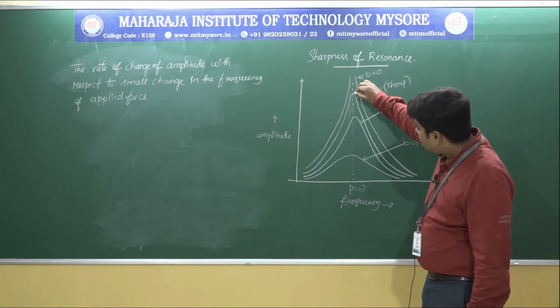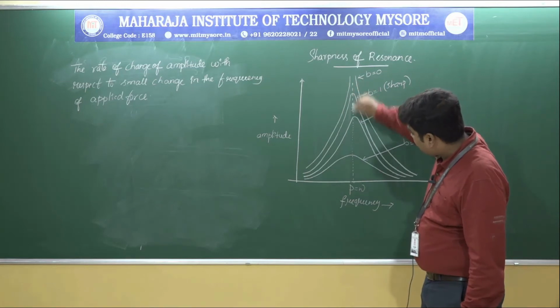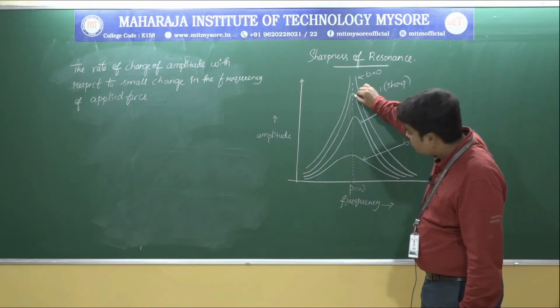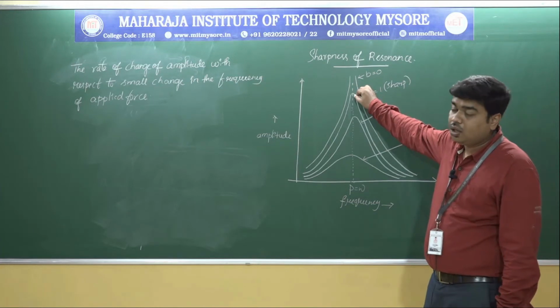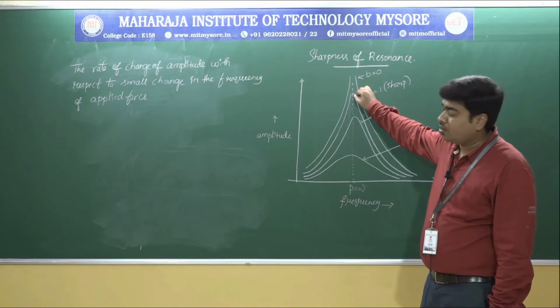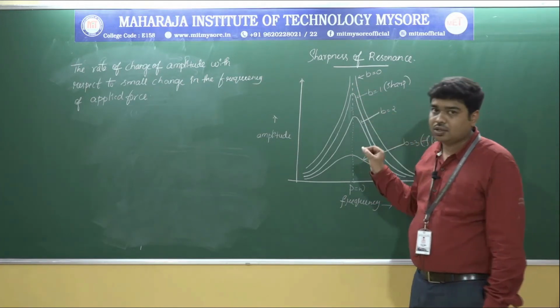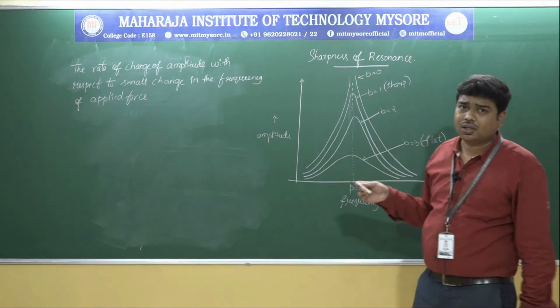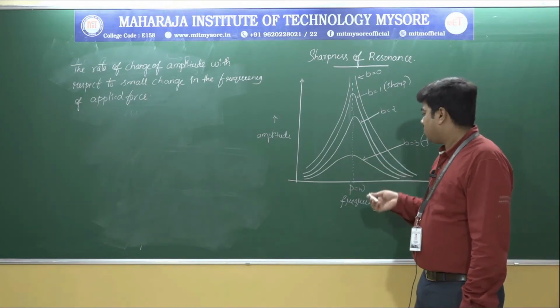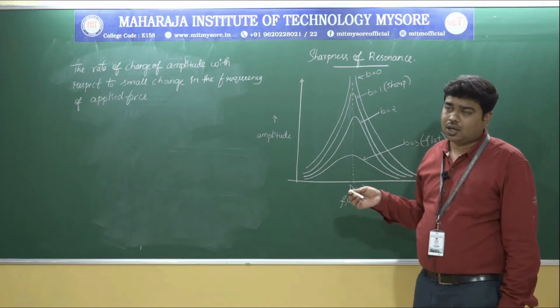As you can see here, say at this point. So at this point, what is happening? The amplitude of the oscillating body has decreased sharply, either if there is an increase or a decrease. So in both the cases, the amplitude of the oscillating body has decreased sharply.